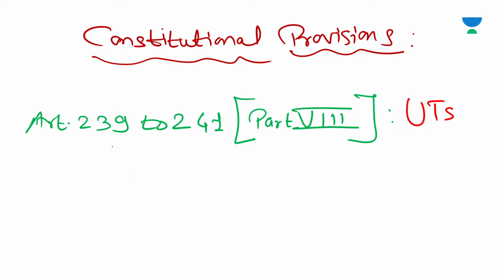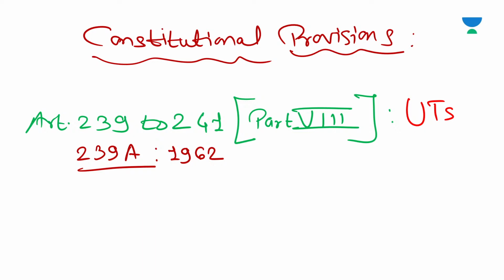Now, Article 239A was brought in 1962 to enable Parliament to create legislatures for the union territories.